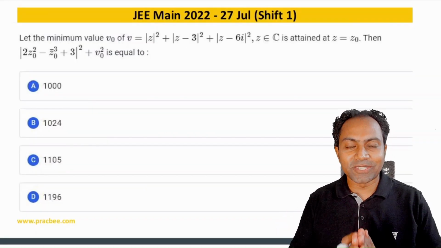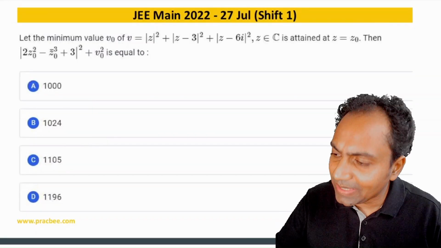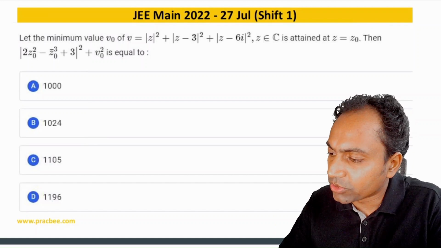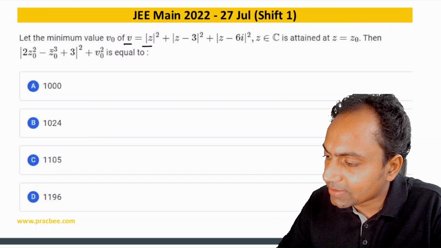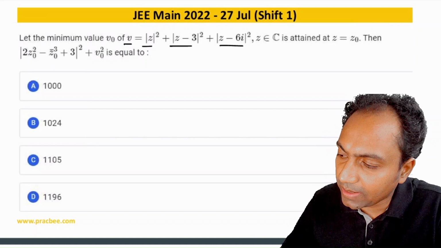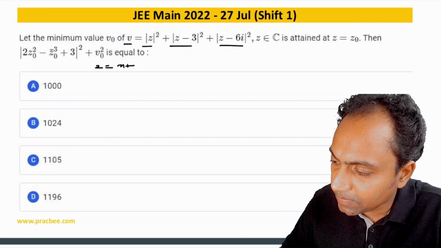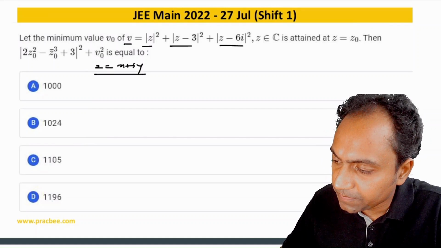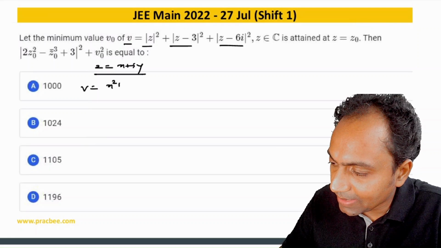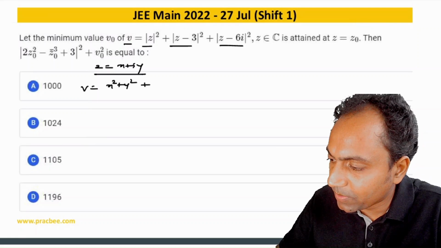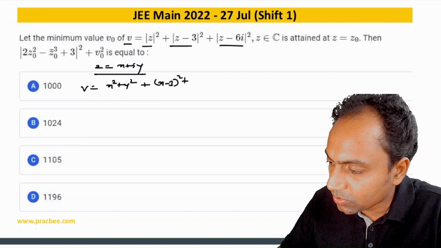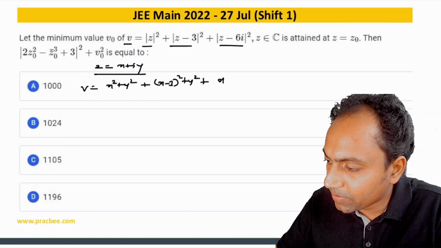Now let us look into this next question. Now these kinds of questions have been asked in JEE. Now this 2022 question talks about a V, that is the sum of 3 mods. So if I put the value of z as x plus iy and open this first mod, then this becomes x² + y². The next one would become (x−3)² + y². And the next one would become x² + (y−6)².